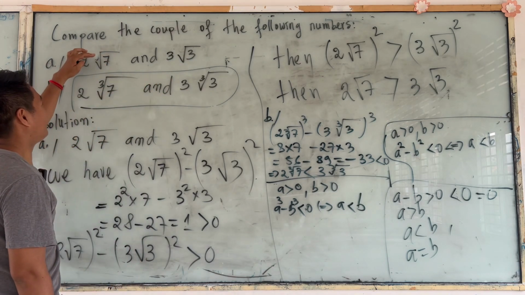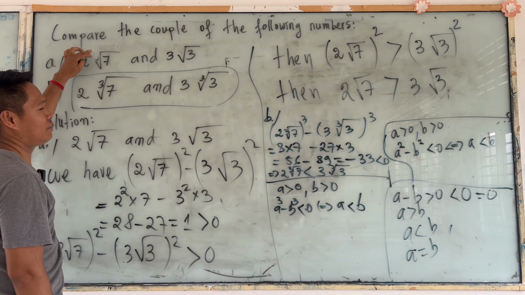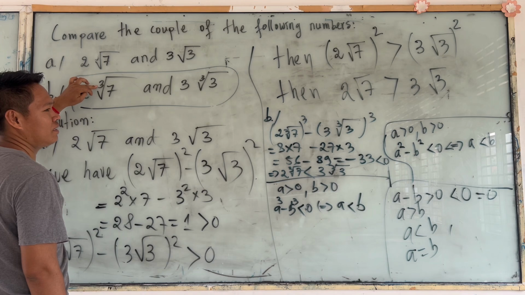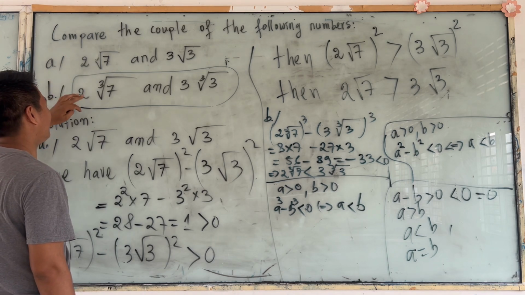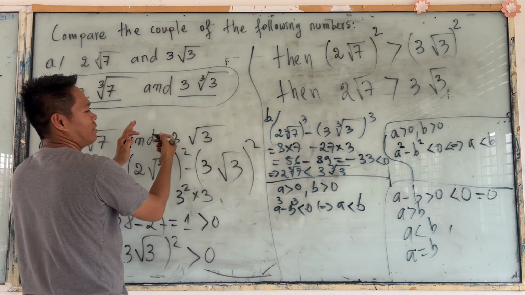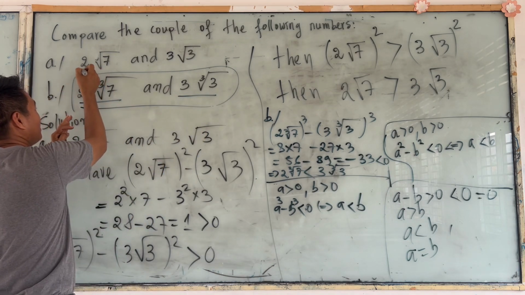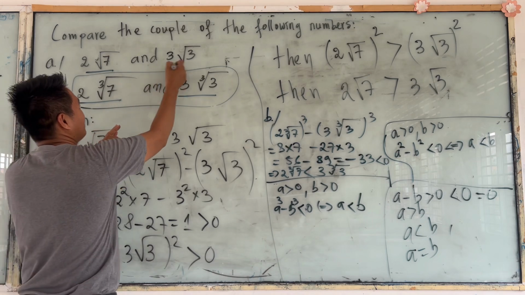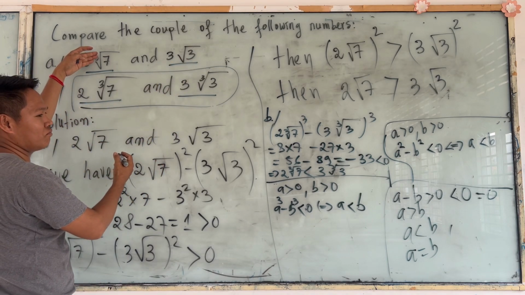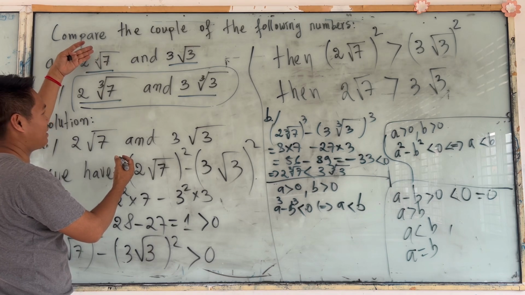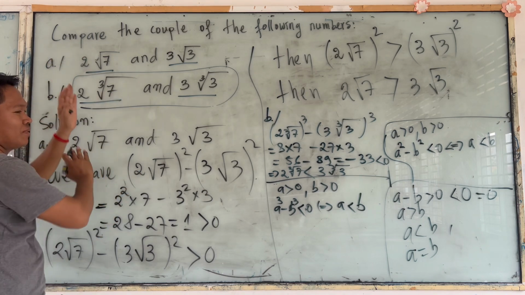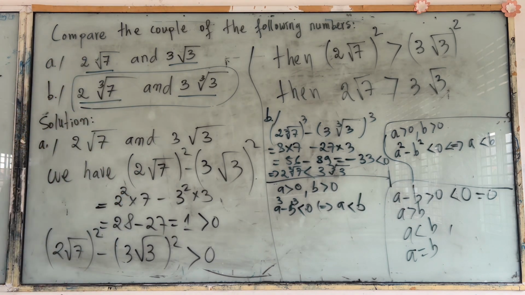And when you increase the index of the radical here, from 2 to 3, from second to third, the result is reversed: for the square root, this one is greater than this one, but when you increase the index of the radical, you get the reverse.